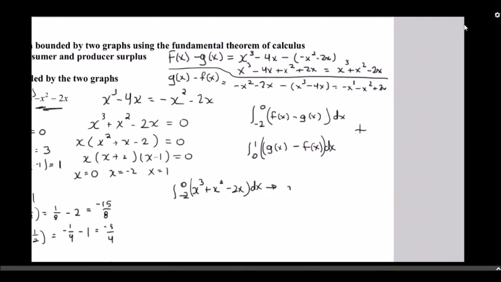So that turns into x to the fourth over 4 plus x to the third over 3 minus, well, it's really minus 2x squared over 2, but the 2's are going to cancel, so I'm just going to write that as x squared, and that needs to be evaluated between negative 2 and 0.